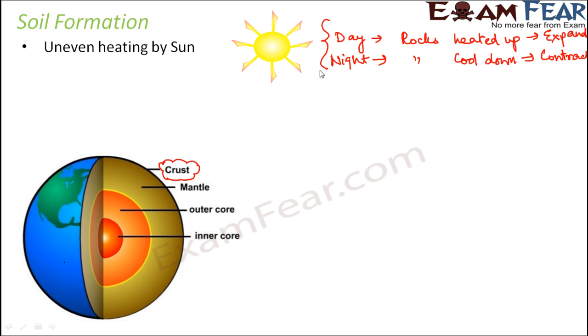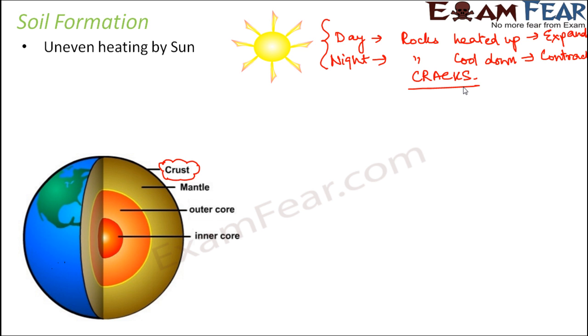As a result, what happens? It is something like this. If you take an object, you expand it a lot and then you contract it a little, or if you expand it slightly and then you contract it a lot. So when you do this kind of uneven contraction and expansion, as a result of this, cracks develop on the rocks.